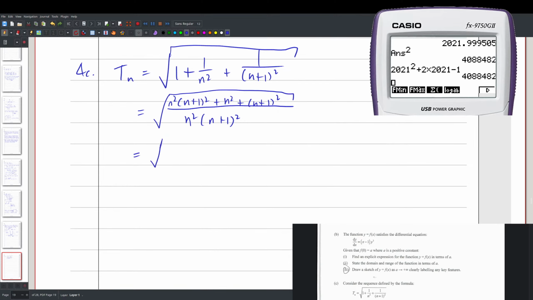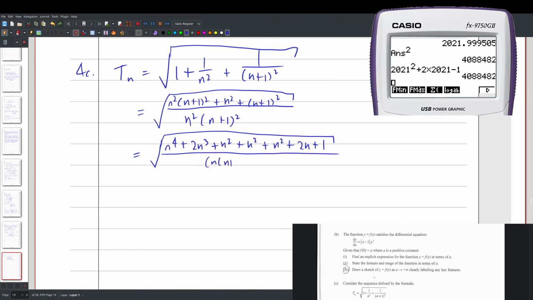Has to be somehow. n to the 4 plus 2n cubed plus n squared plus n squared plus n squared plus 2n plus 1, all on n plus 1 squared.